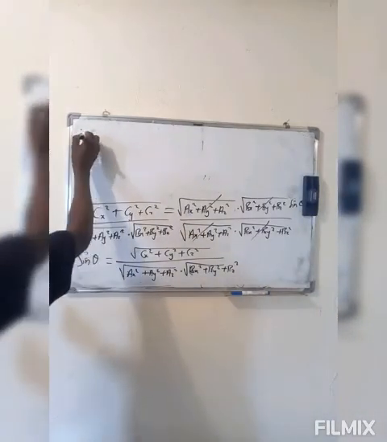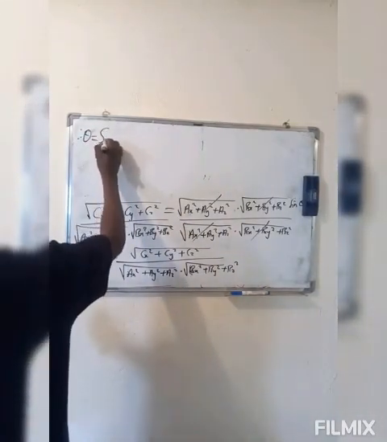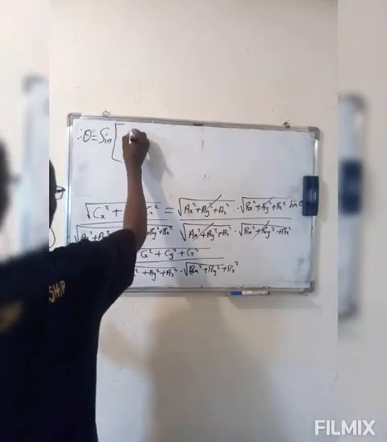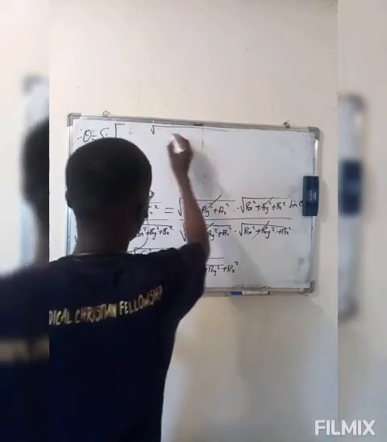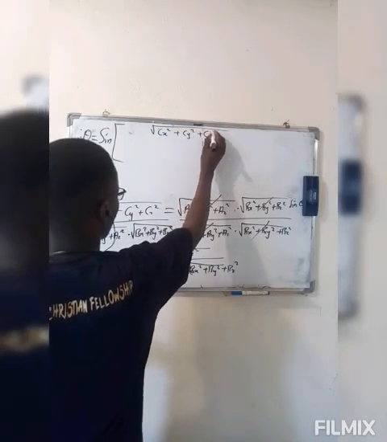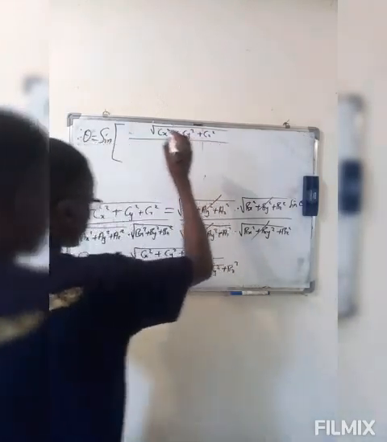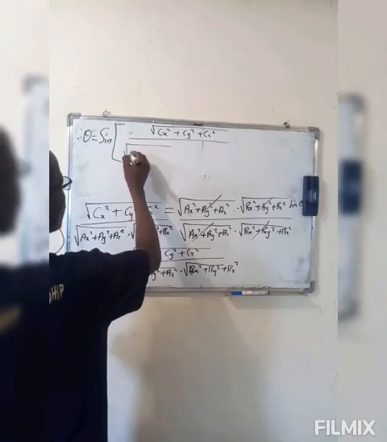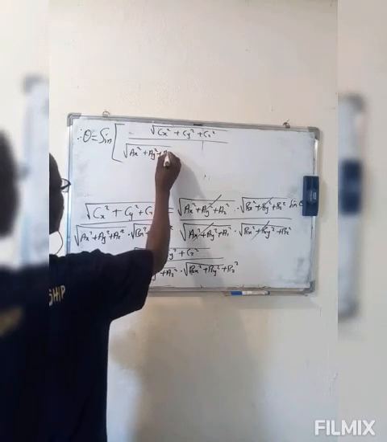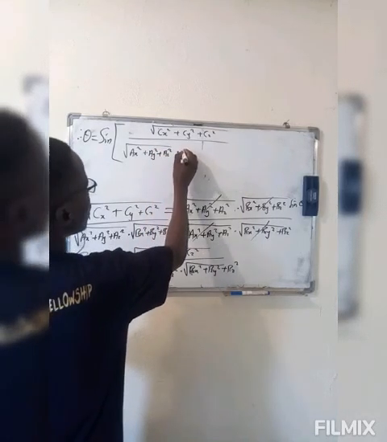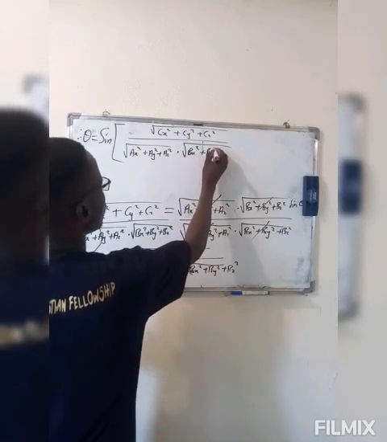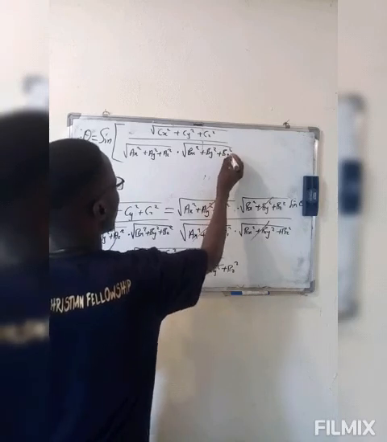So theta is going to be equal to sine inverse of all this: the root of Cx squared plus Cy squared plus Cz squared, all over the root of ax squared plus ay squared plus az squared multiplied by the root of bx squared plus by squared plus bz squared.